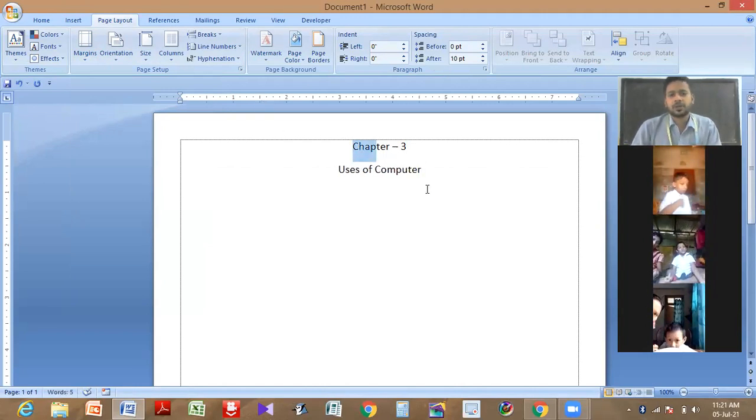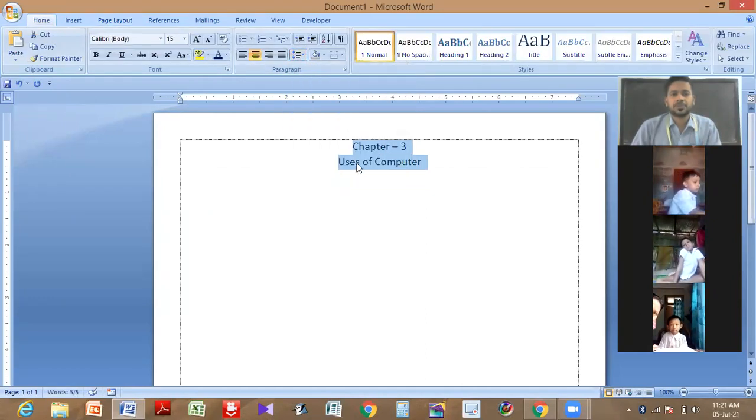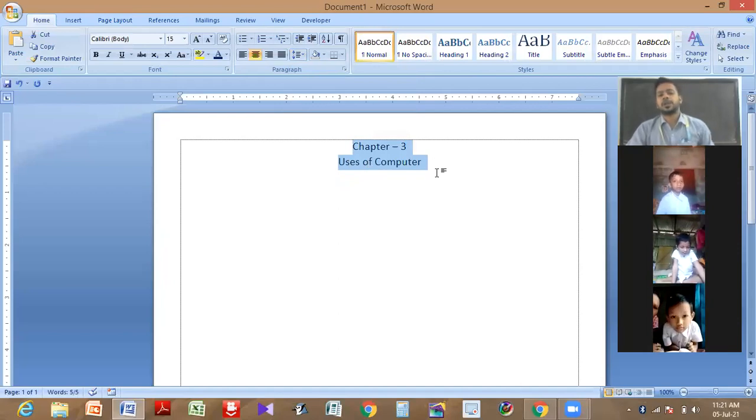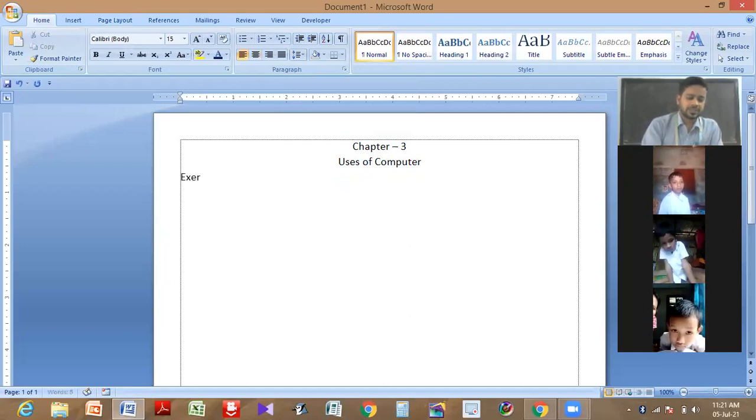Chapter 3, uses of computer. First of all, we will write the name of the chapter and the chapter number. After that, let us write exercise solution.